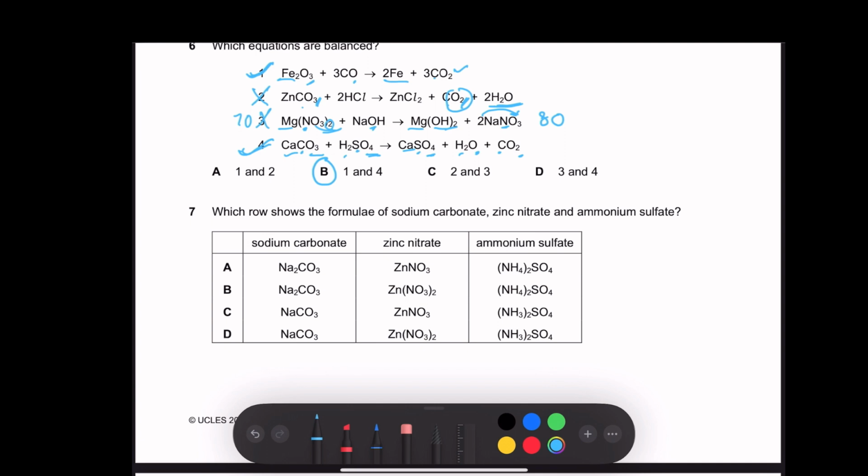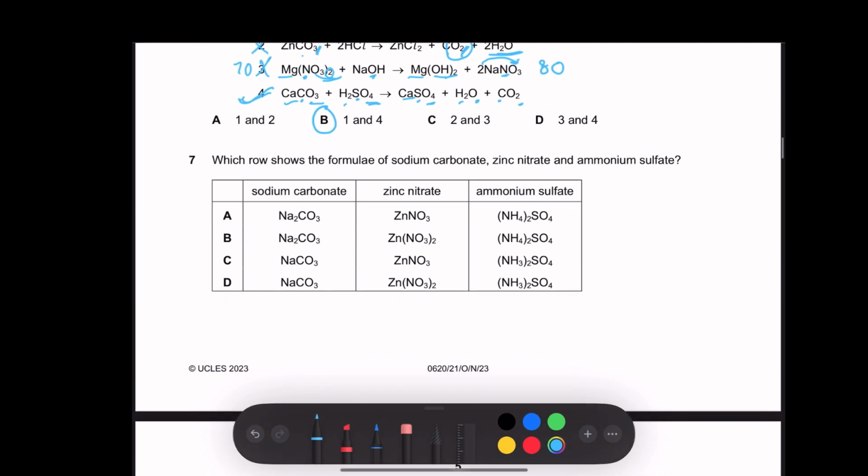Which row shows the formula of sodium carbonate, zinc nitrate and ammonium sulfate? So sodium carbonate, sodium has +1 and carbonate has 2 minus. So when it crisscross we have Na2CO3. So it's among A and B, right? For zinc nitrate we have zinc 2 plus and nitrate has a charge of -1.